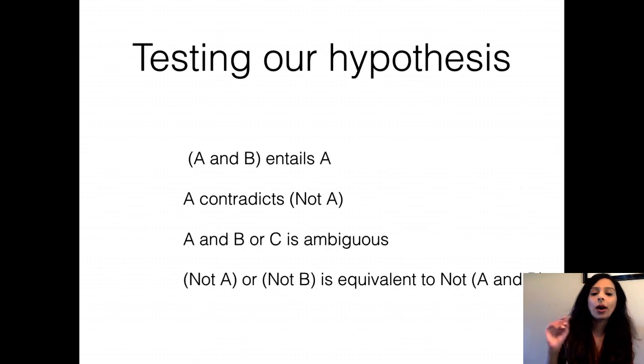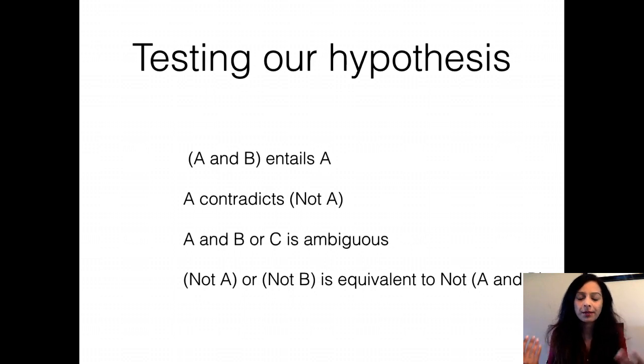Now, I'm not going to be doing ambiguity because in your final exam review, you will see that I have taken out cases where there are more than two propositions, because it tends to be a little complicated for people who have not done formal logic before. So I have it in here, but we are not going to be testing ambiguity because I just don't want to confuse you more. We are just going to do entailment, contradiction, and equivalency in this video.